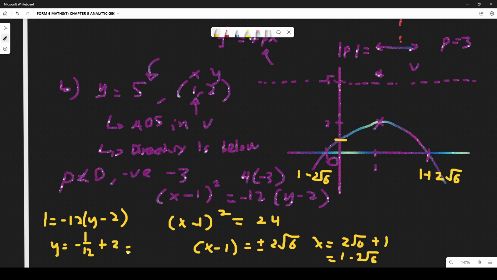I think that's equal to 46 over 12. How much is 46 over 12? 23 over 6. So this point will be 23 over 6.